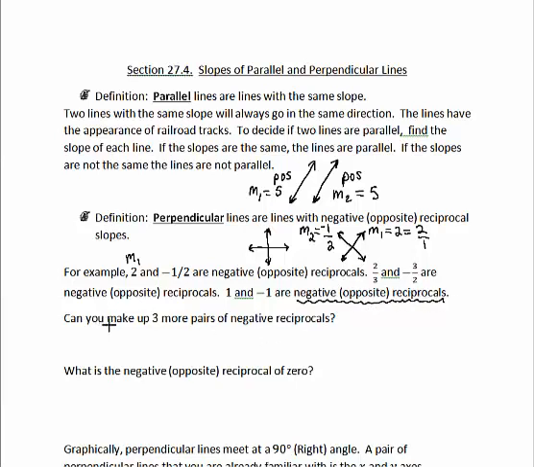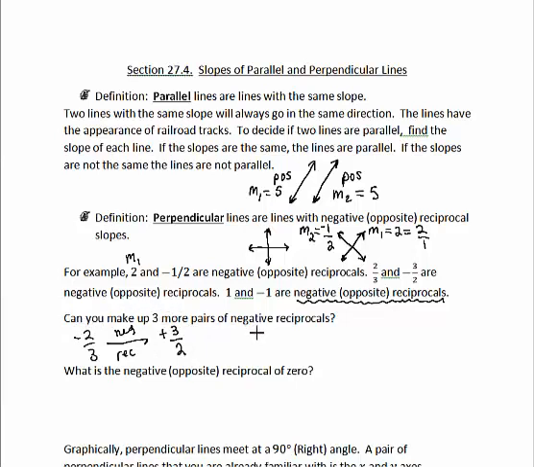Okay, so we have a question. What are 3 pairs of negative reciprocal numbers? Let's say we have negative 3 over 2. Okay, what is the negative reciprocal of negative 2 over 3? Well, we flip the fraction upside down and we change the sign, we make it positive. So these are negative reciprocals of each other.